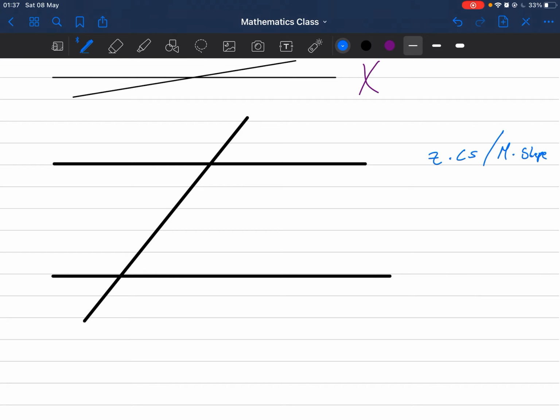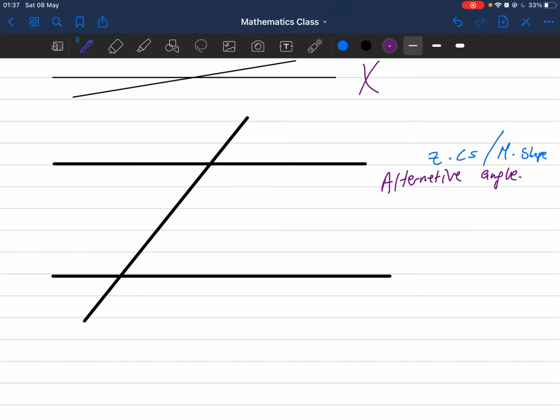Or rather, the formal way of calling this, it's basically known as alternate angles.